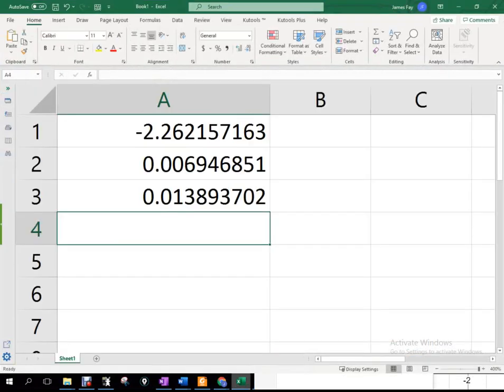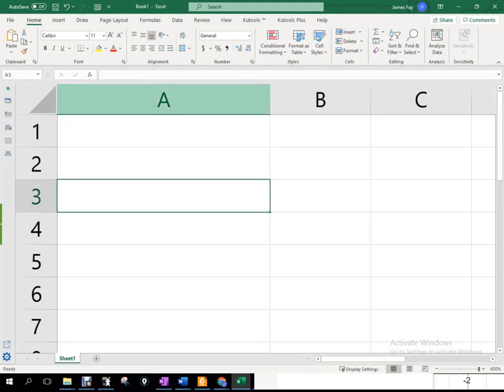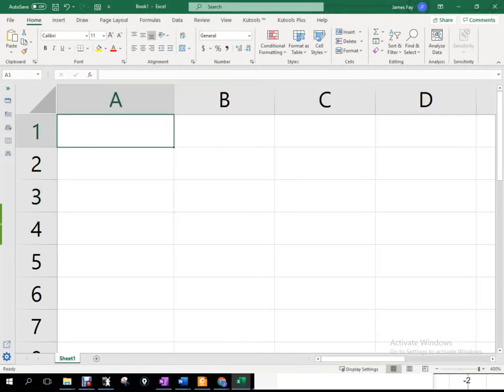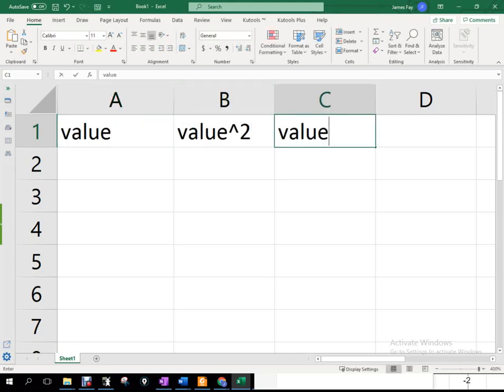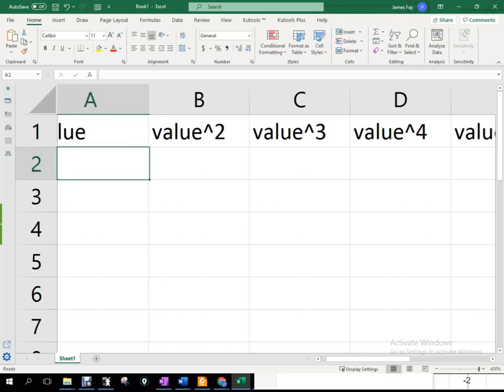Now, here's what kind of stinks about this, is that they use some common values a lot that they think are just common knowledge for a lot of people. So I'm just going to show you, let's take 2, let's do it this way. I'll just say value, and then we'll go to value squared, value cubed, value to the 4th, value to the 5th, okay?